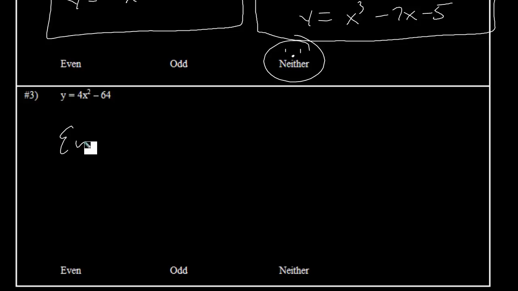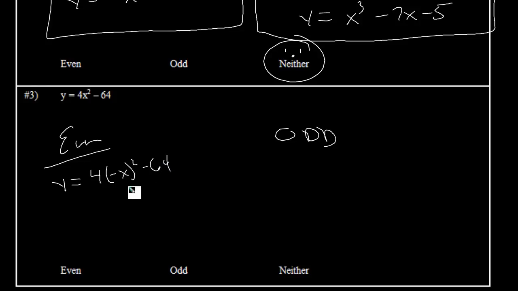Even or odd? To be even, you change the x to a negative. Leave y the same. Negative x squared is a positive x squared.